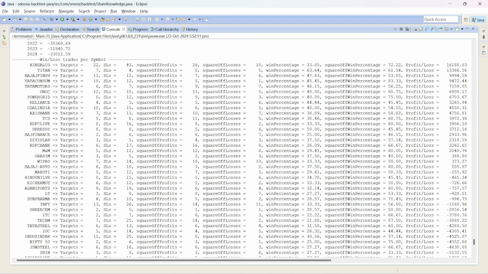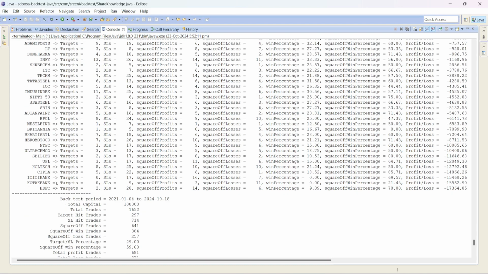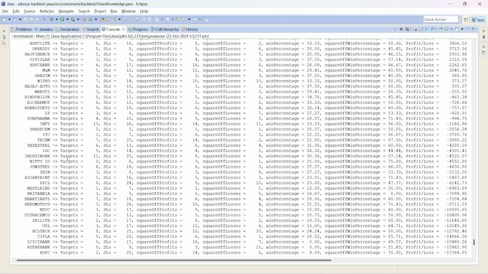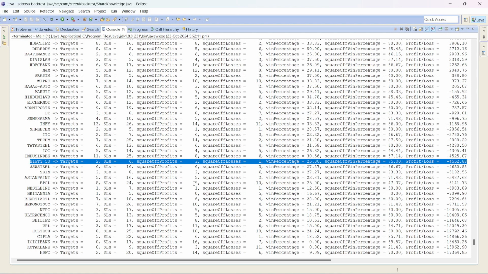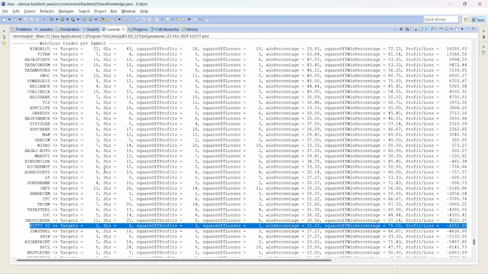Okay. And if you look at the bottom side, these are the worst stocks for the strategy, like HDFC, Kotak, and ICICI Bank. They got big losses here. And I think the Nifty 50 index is also included here. Even the index gave negative results over the period of 4 years. Okay.